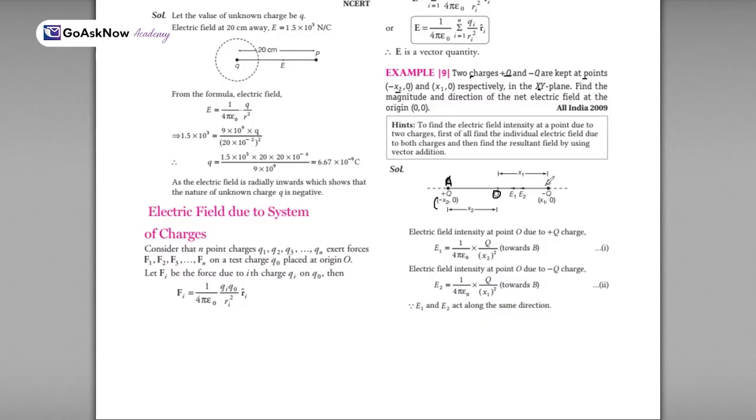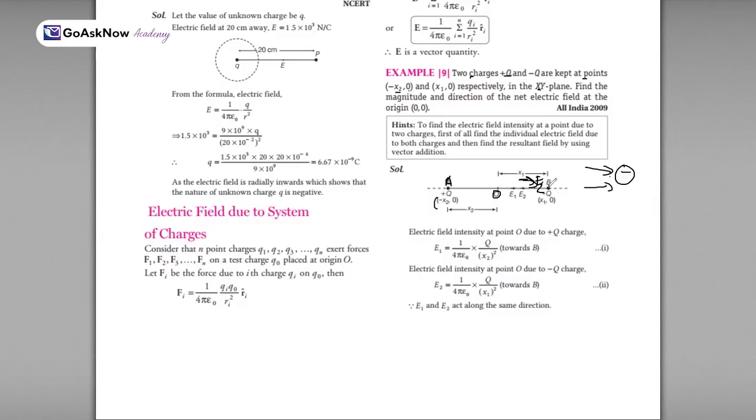Okay. So if you have to find the electric field at the origin, the direction of the electric field due to the charge at x1 comma 0, that is minus q, should be towards that charge, because I have already told you in the previous lecture that the electric field direction due to a negative charge is inward.